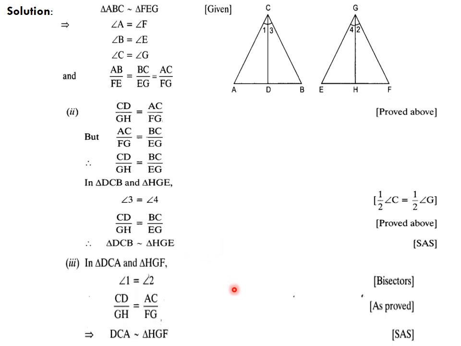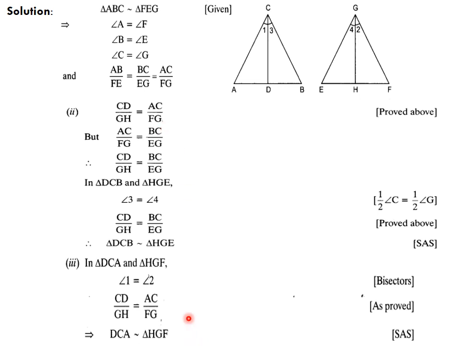In the next part, we have to prove that triangle DCA is similar to triangle HGF. For this, we can take angle 1 is equal to angle 2 due to the same reason, because angle C is equal to angle G. Then we have this particular ratio which we have already proved in part 1.